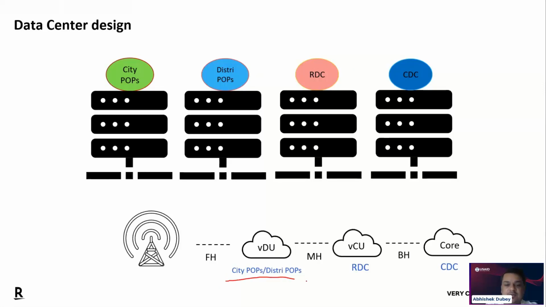Like in city POPs or district POPs, you can install the vDUs, and the vDUs will connect with your site, where you are going to host the RU along with the antenna, through the fronthaul interface.